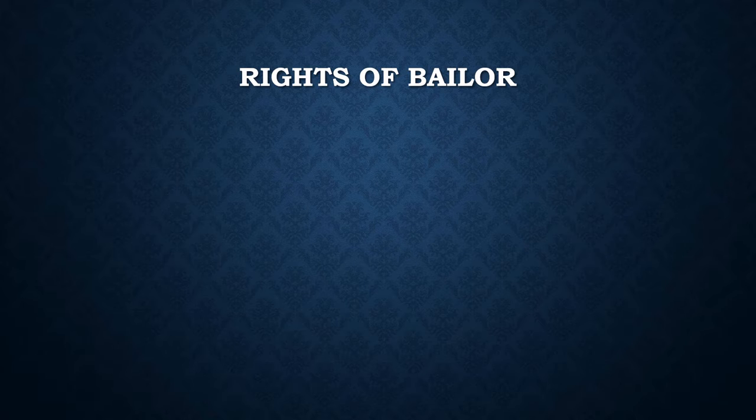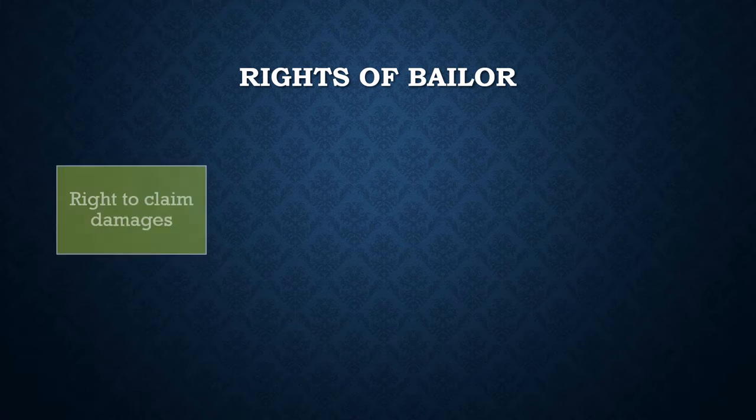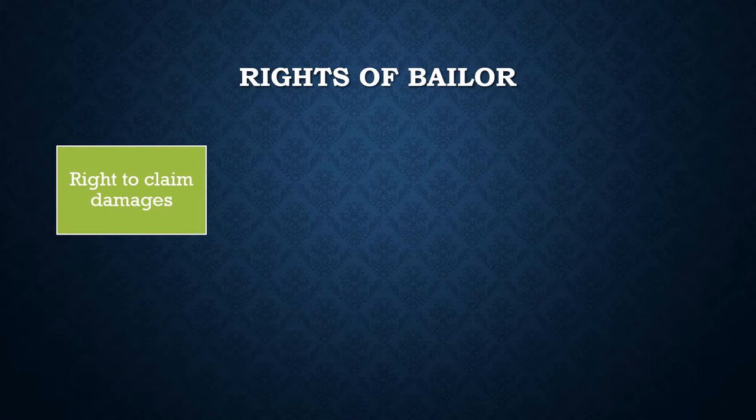Now next we are going to talk about rights of bailor. The first duty of the bailor was to disclose whatever defect the goods have. Now, the first right of the bailor is the right to claim damages in case bailee is not taking care. I told you bailee has a duty to take reasonable care.